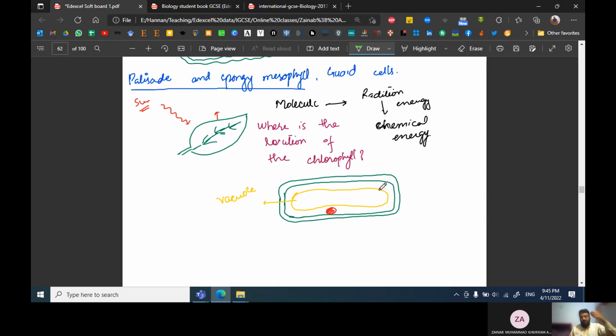That is the chloroplast. The chloroplast is the indication of the presence of chlorophyll. What I want to say is that if you are talking about the plant cell, then never say that chlorophyll is present in the cytoplasm. You have to answer it this way: the chlorophyll is present in the chloroplast, which is present in the cytoplasm. No doubt this is the cytoplasm.